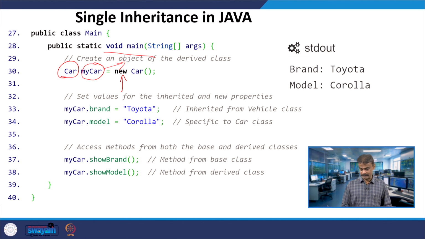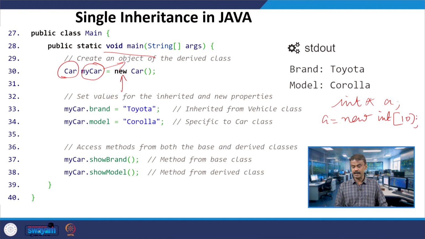Suppose I want to declare an array in C++, int a of 10. I will use a dynamic array, and you might have used the new operator: int star a equal to new int of 10.